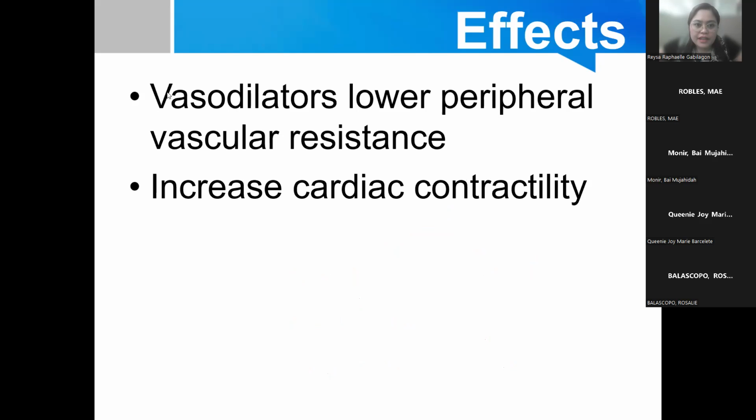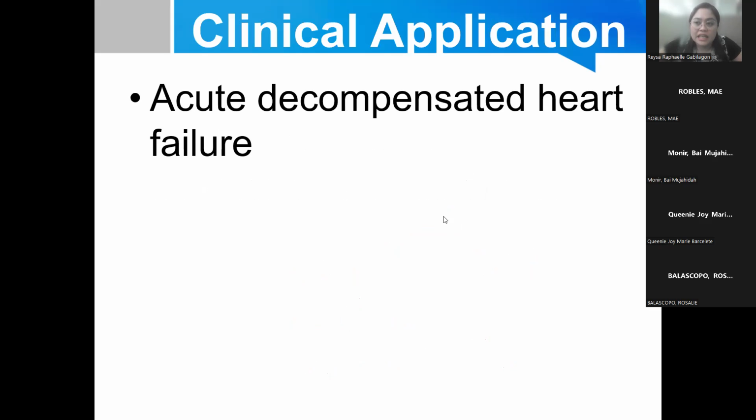Okay, so again, they are vasodilators, meaning they can lower the resistance of the blood vessels to blood flow, and at the same time increase cardiac contractility just by increasing the amount or the level of cAMP. Okay, now where do we use our bipyridines? We have the acute decompensated heart failure.